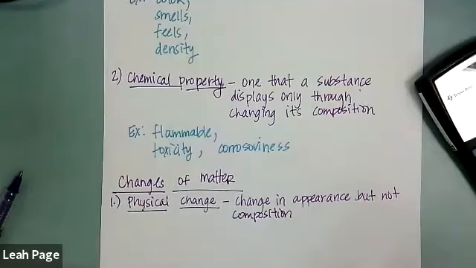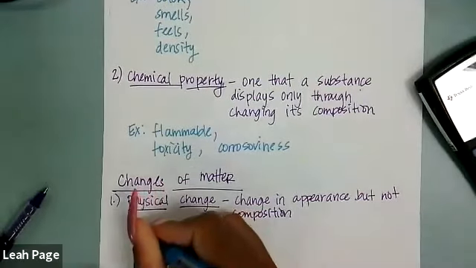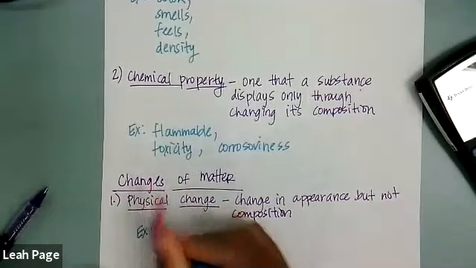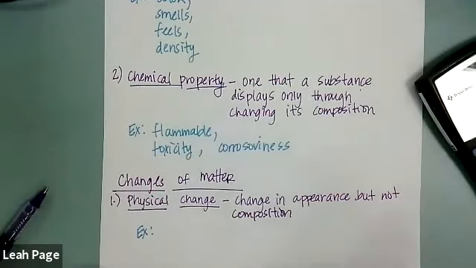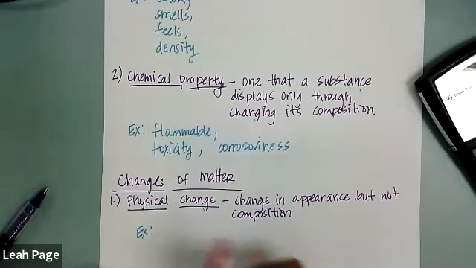So if I have a change in appearance, but not its composition. So for example, let's say I have ice that melts to water. So it went from a solid to a liquid.